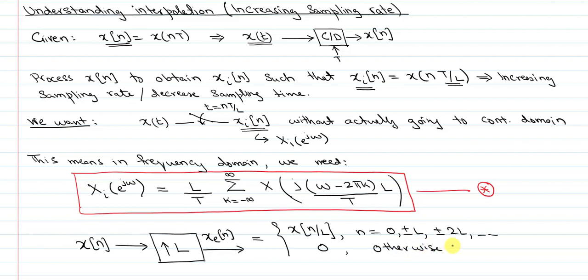So this is the upsampler that we have, which effectively just inserts zeros between any two samples.